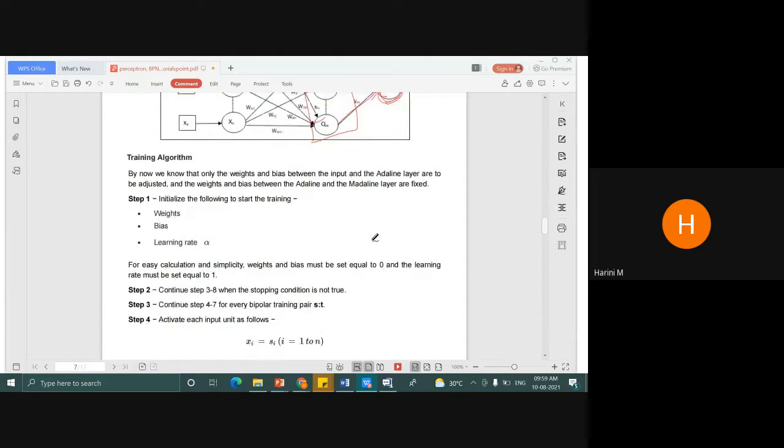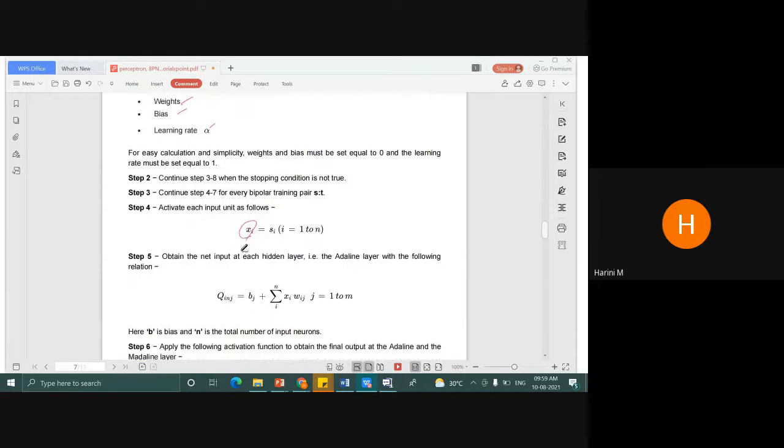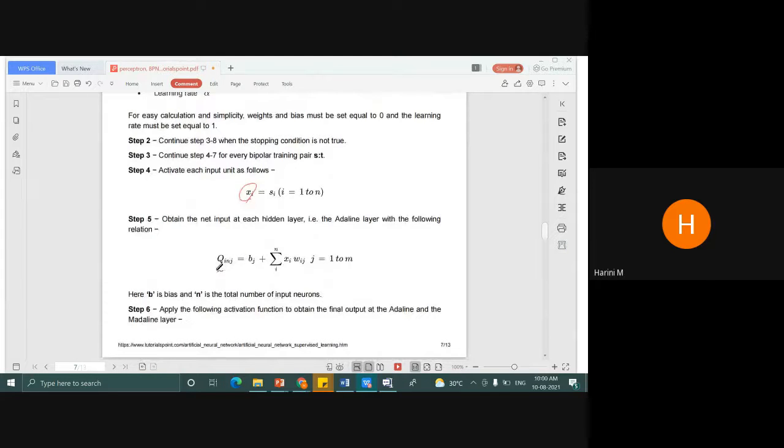The same thing: initialize weight, bias and learning rate. Initialize your x value. As I told you, the first thing is you are supposed to calculate Q. In the earlier algorithms, we calculated Yn, right? Here it's Qn,j because you have multiple units.